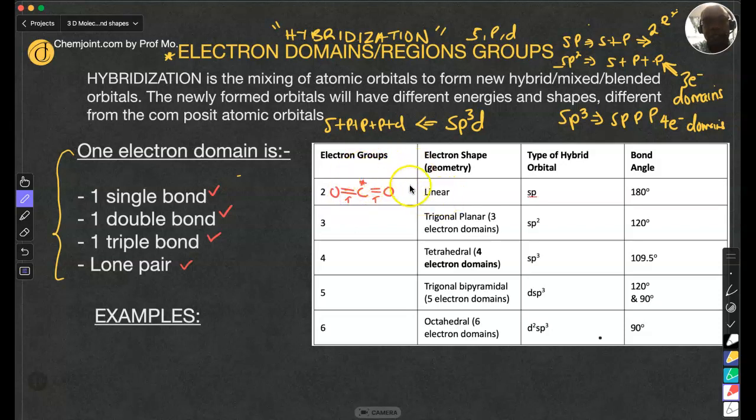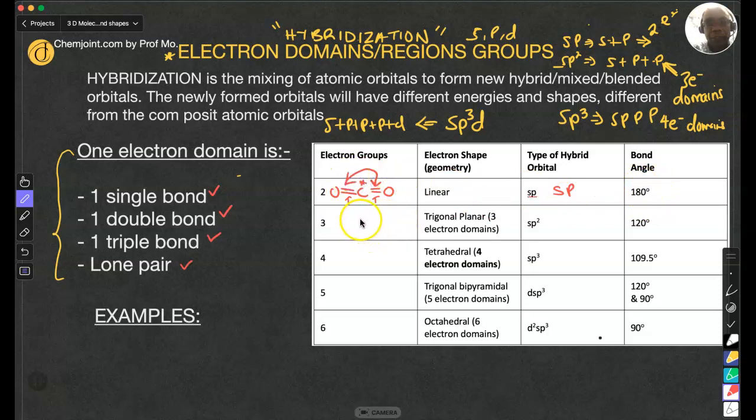So we predict that the hybridization will be sp, because orbitals are areas or locations around the nucleus where you are likely to see an electron. We call that location a domain or a region. So if we have 2 electron domains, we can quickly predict that the hybridization will be sp, and for electrons to be further away from each other, according to VSEPR theory, electrons will repel maximally at a bond angle of 180 degrees.